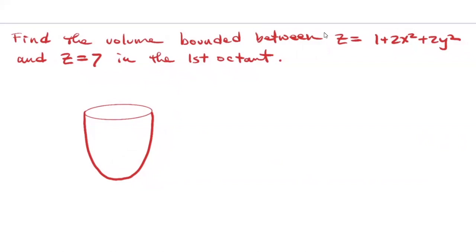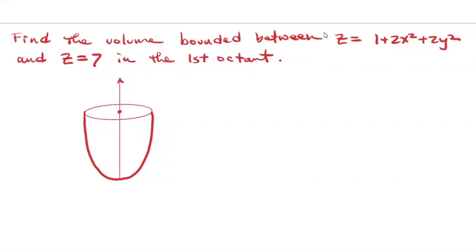Also z equals 1 plus 2x squared plus 2y squared is not touching the origin on the bottom, so we have to be careful of that. Let's identify a point in the middle of this.